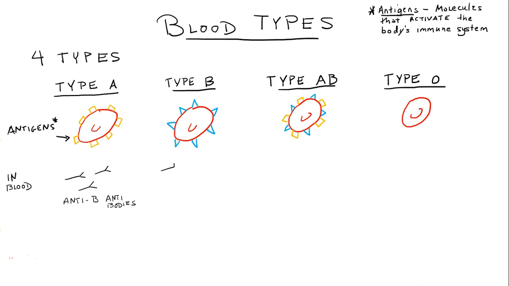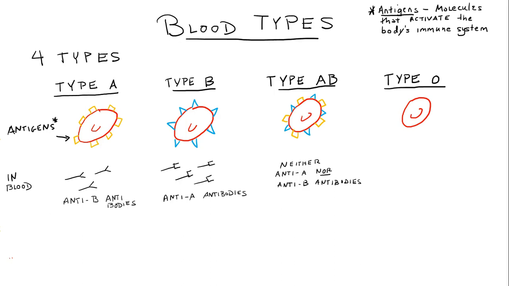Likewise, type B blood has anti-A antibodies, which means that blood has antibodies against type A blood. So if a person with type B blood receives a transfusion of type A blood, they could die because their blood will clump. Type AB blood does not have antibodies against either A or B antigens, because both the A antigens and the B antigens are recognized by the immune system as self molecules.